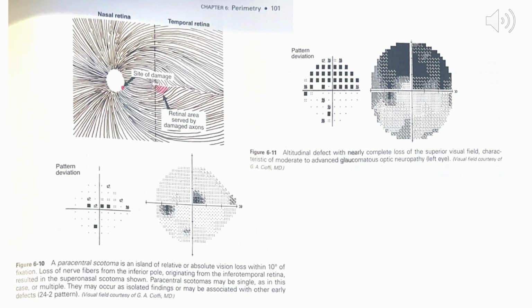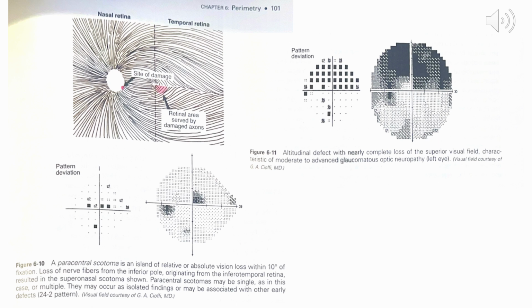It often results from damage to the inferotemporal retinal nerve fibers, which enter the inferior pole of the optic nerve. These scotomas are especially important because they may be the earliest sign of glaucomatous damage and are particularly common in patients with normal tension glaucoma.